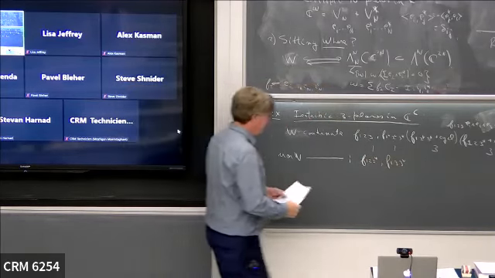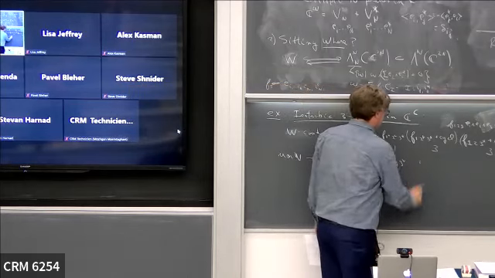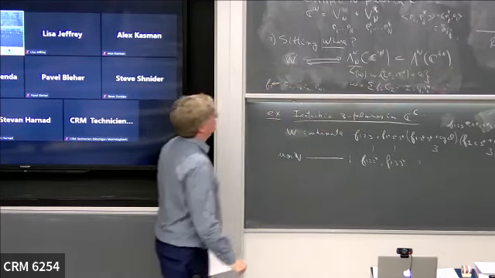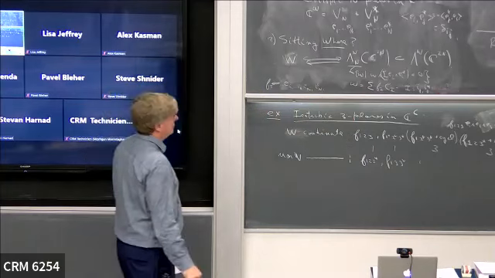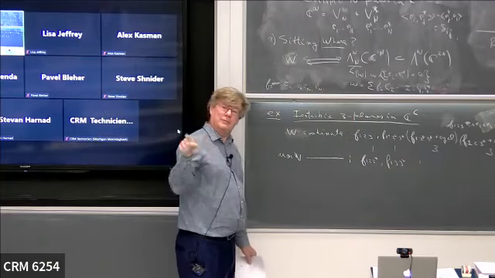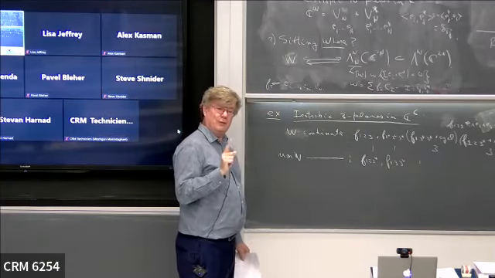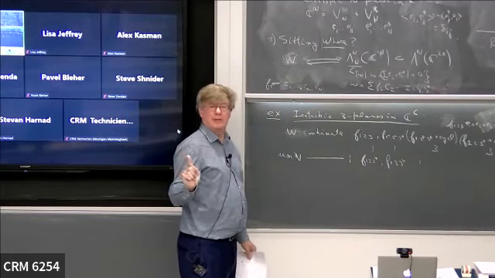Okay, and so you're in 6 dimensions. So you'll have the short Plückers, three terms. You'll have Plückers of length 4, and that's it.